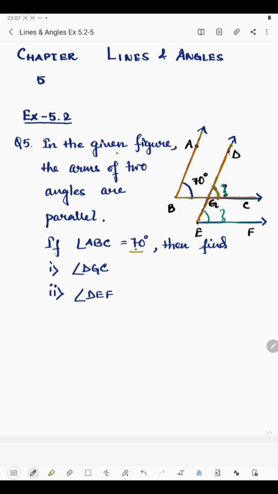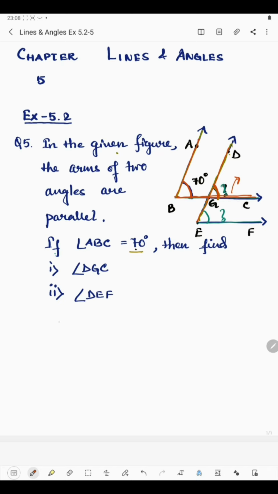Now if you check the right side of the transversal, these two angles are in the lower part of the parallel lines AB and DE. So these two angles are called corresponding angles because these angles are on the same side, that means right hand side, and in the same position. So if angle ABC is 70 degrees, then angle DGC will also be 70 degrees as these are corresponding.